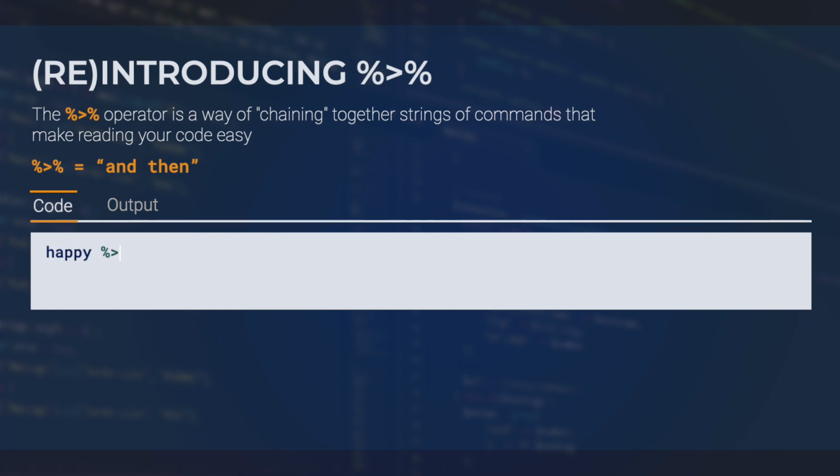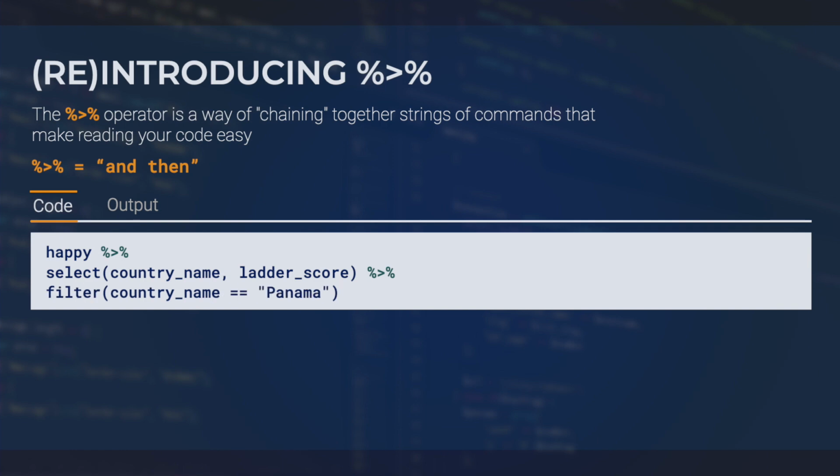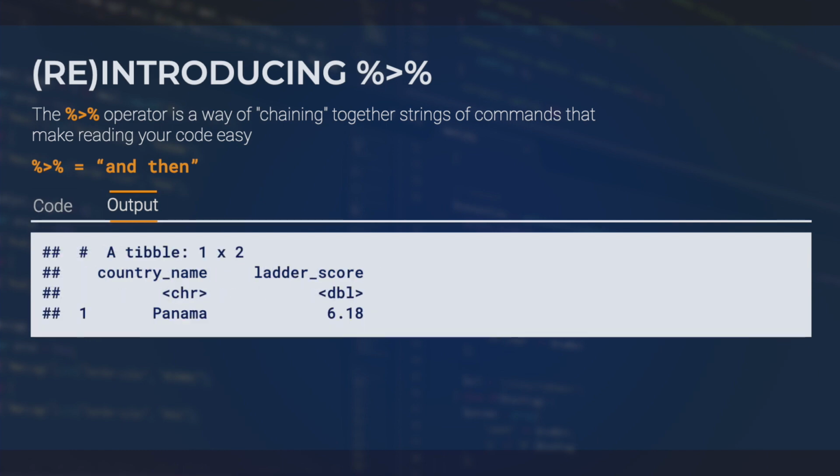We begin with our dataset or data frame, happy, and then, by using the select function, you select 2 columns from happy, and then, you only keep those rows that match a certain condition. We do this by using the filter function, and we will be covering both the select and filter functions later on. And this is the output of this code.